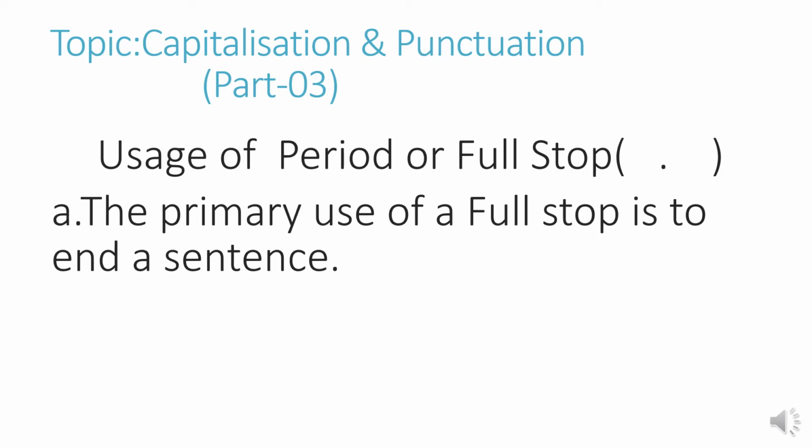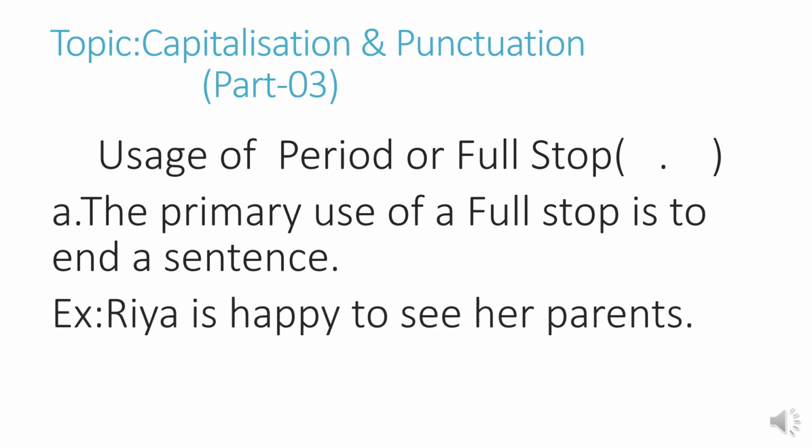The primary use of a full stop is to end a sentence. We basically use full stop to mark the ending of a complete sentence. It's a very common rule, so I think you won't have any difficulty in understanding this first rule. According to the rule, let us have an example: Ria is happy to see her parents. It's a complete sentence. To end the sentence, we have used a full stop mark.